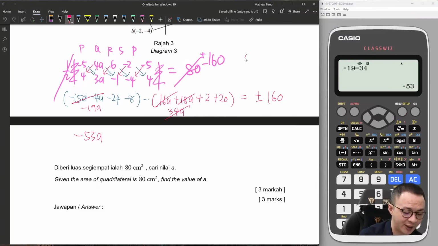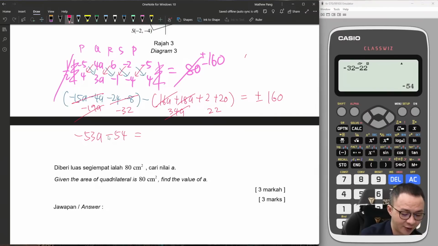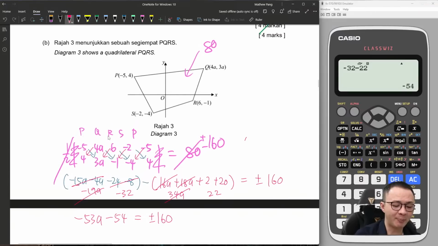Then the number here, this 2 is negative 32, this 2 is 22. Negative 32 minus 22 is negative 54. So I got negative 54 equals plus minus 160. Based on my position of A, I know this one is the positive value, isn't it?